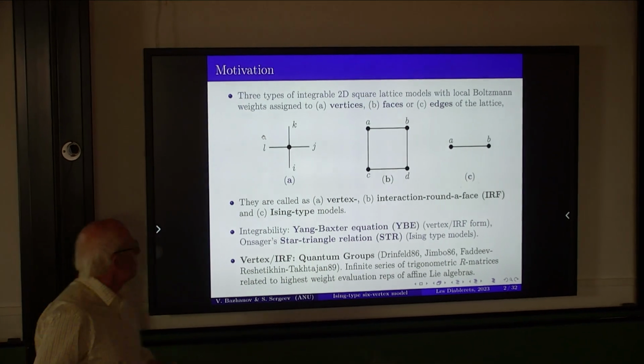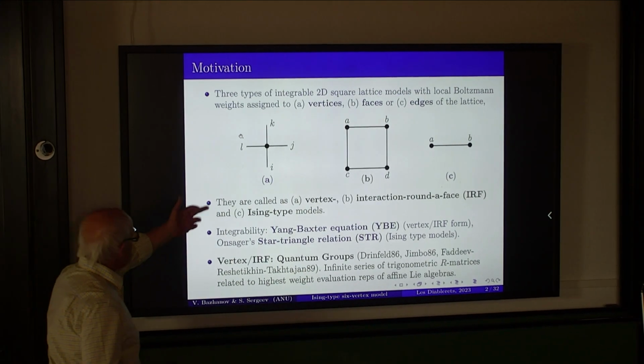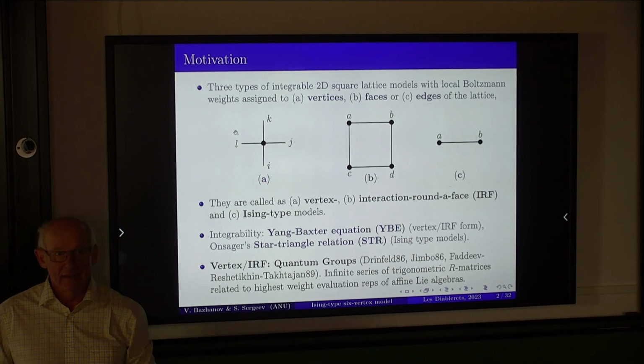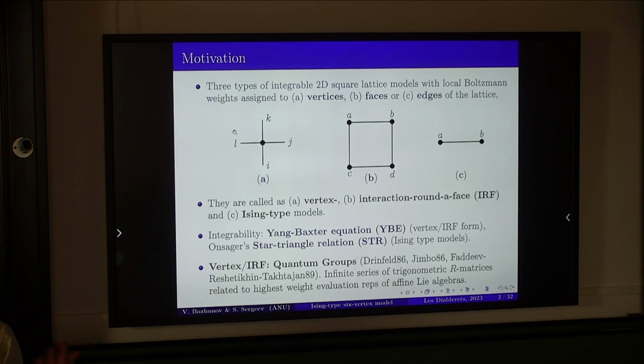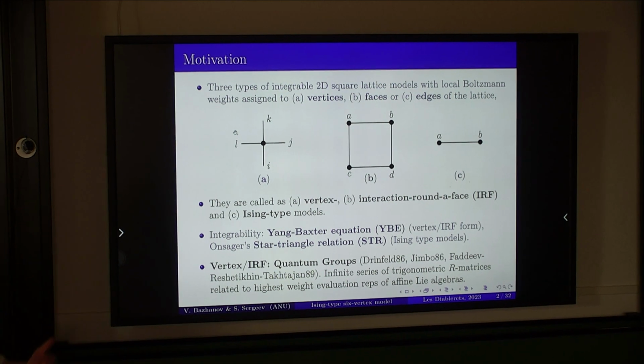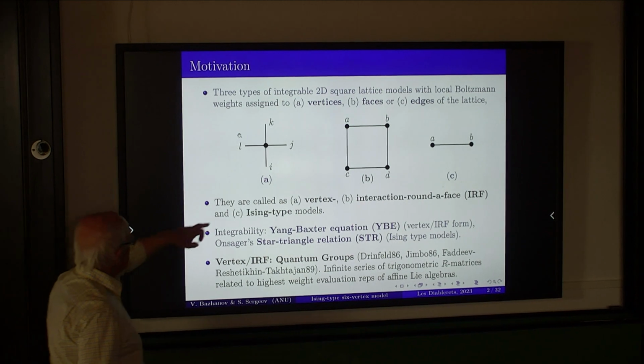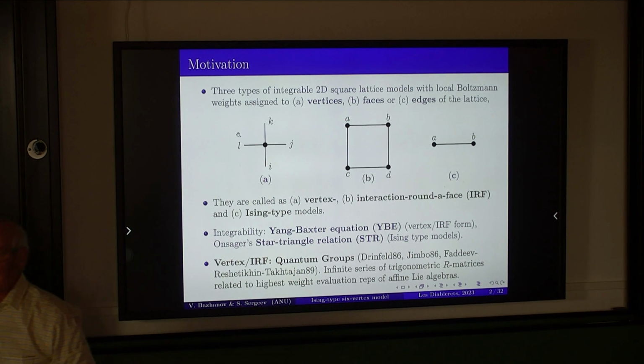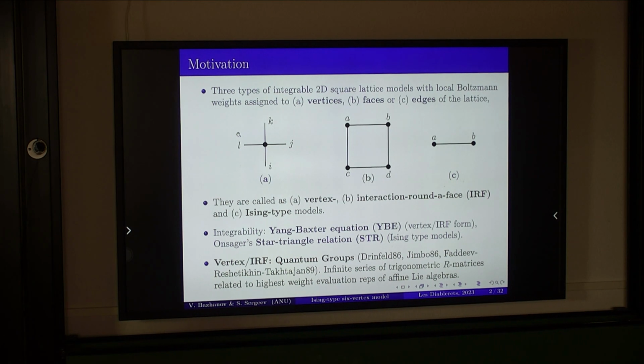In the first case, the fluctuating variables, which are traditionally called spins, but they are not spins, in our case will be just integers assigned to the edges of the lattice, and the Boltzmann weights depend on the configuration of four edges surrounding the vertex.